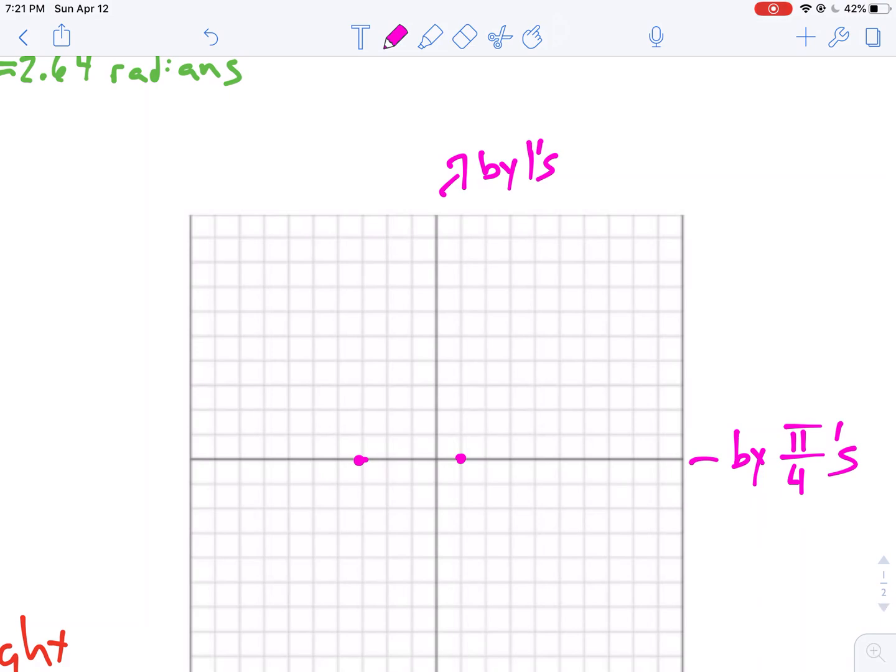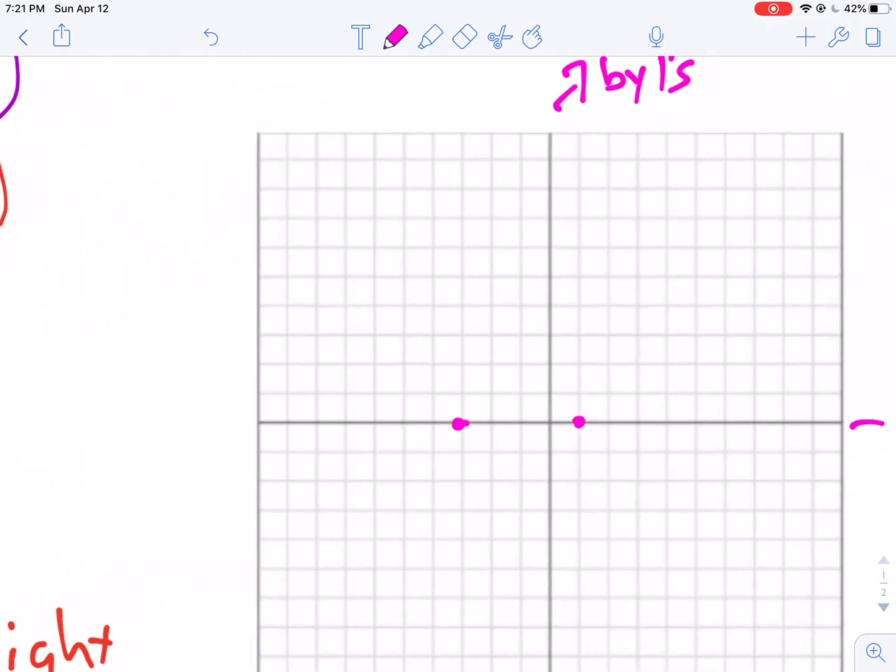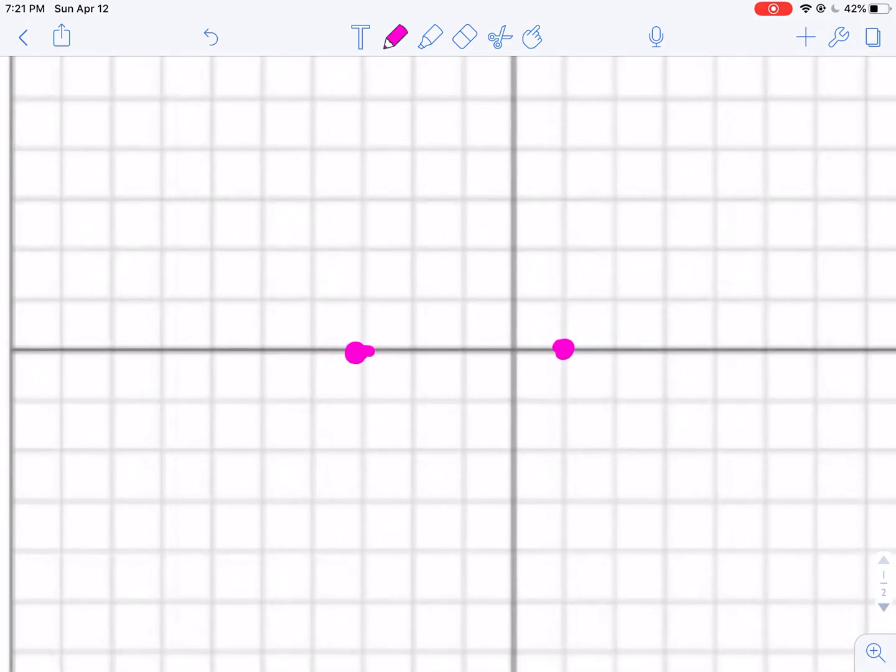I'm moving in the reverse direction here. I've got a flip of negative 3, so it should be reflected over the x-axis. So I'm going to end up with something that looks a little bit like this.